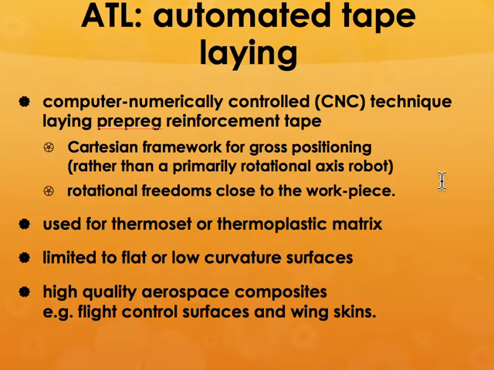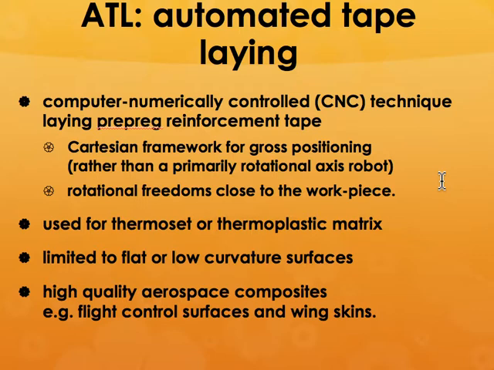You can also have a slight variation of the fiber placement called automated tape laying, and in this case it is a numerically controlled, CNC controlled pre-preg reinforcement tape, and it is also used for thermoset or thermoplastic matrices, but in this case it is limited to flat or low curvature surfaces.